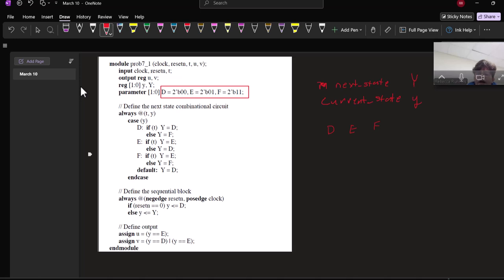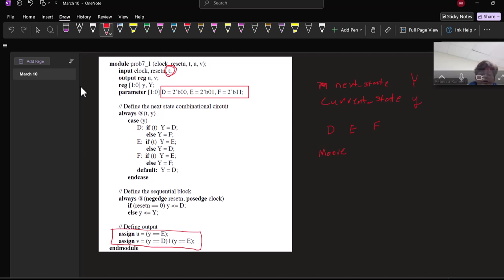Looking at my output, assign U equals Y equals E, assign V equals Y equals D or Y equals E. I notice that U does not depend on my input T. Since U does not depend on T, I know this is a Moore machine, because it only depends on the state that I'm in.